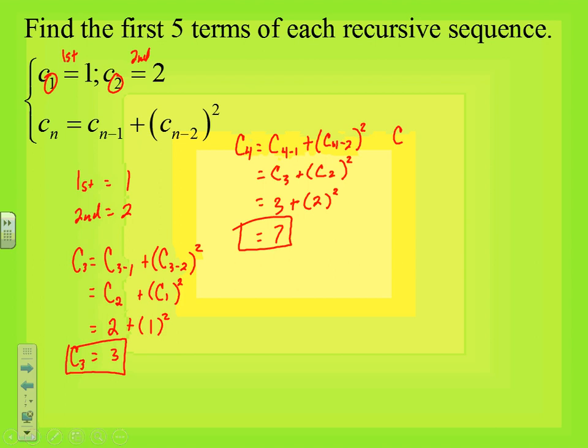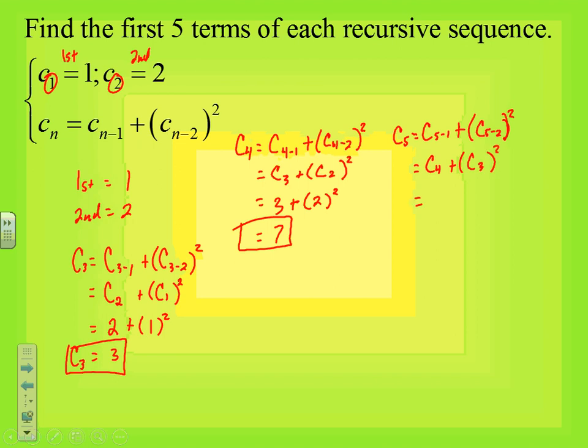the fifth term in the sequence. So C of 5. Again, just substitute the 5 wherever you have an n, because that's what you're looking for. So C of 5 minus 1 plus C of 5 minus 2 squared. Well, 5 minus 1, that says, well, we're looking at the fourth term of the sequence, which we just got, plus the third term of the sequence, which we previously got.